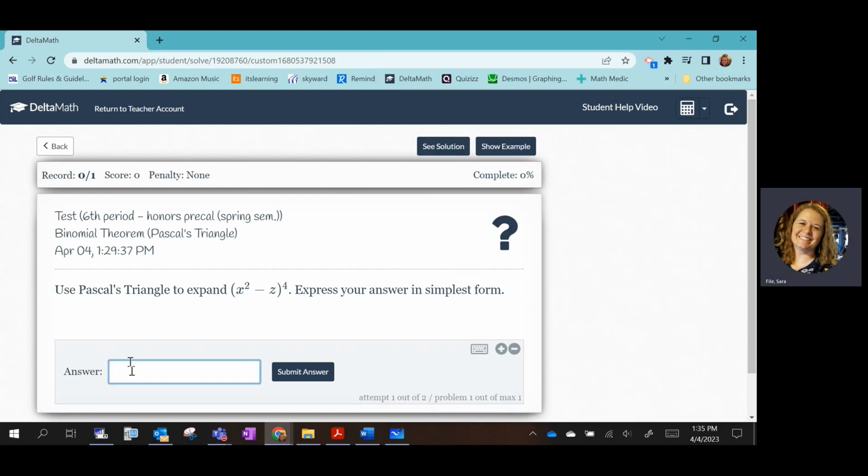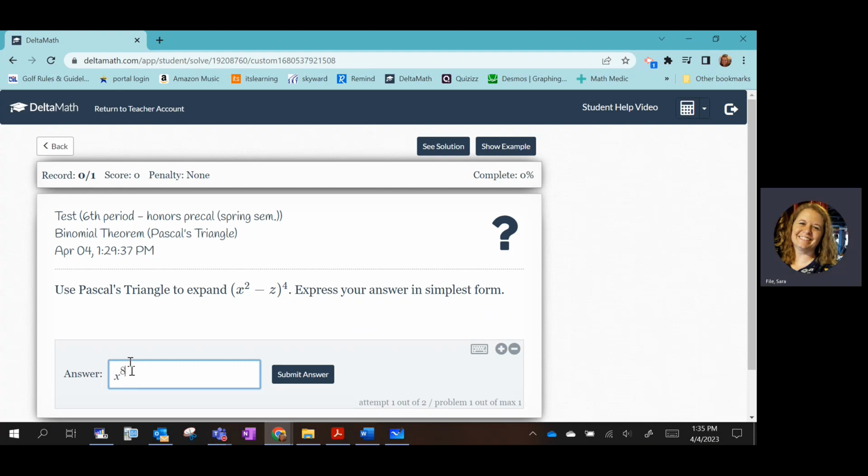Would say x to the 8th. Somebody read it out to me. Did anybody write it down? X to the 8th. 4x to the 6th z. Oops, my z is not in the power though.